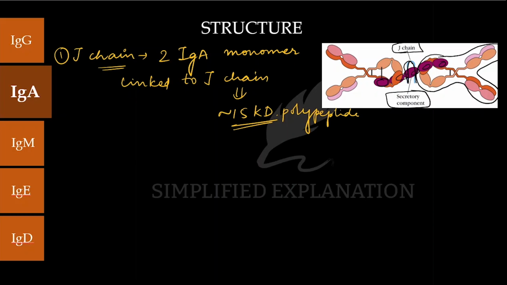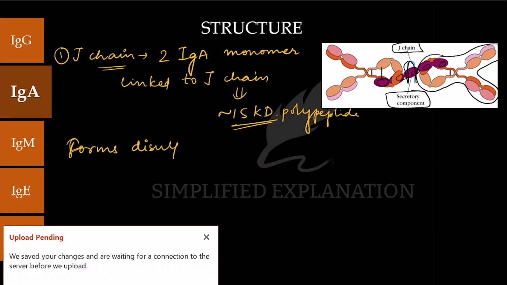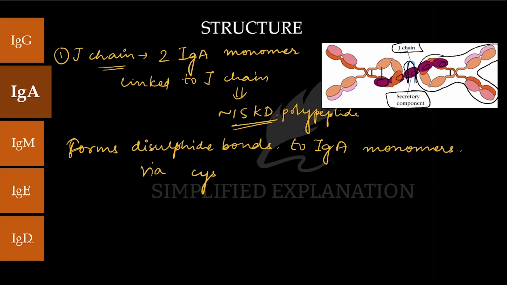And this J chain forms disulfide bonds. What type of bond is formed? Disulfide bonds to both IgA monomers via the cysteine residues at the C terminus.